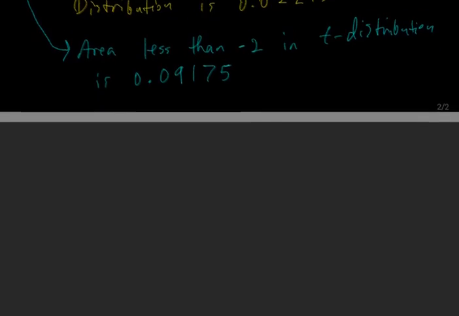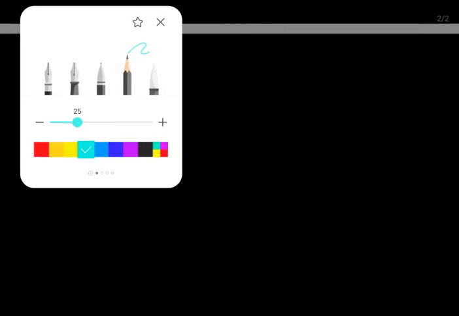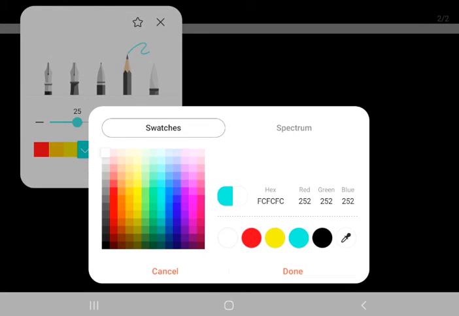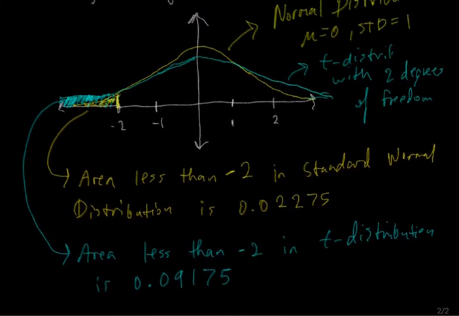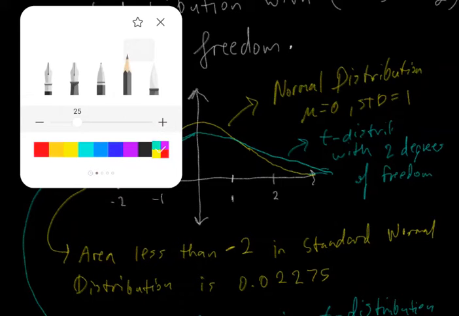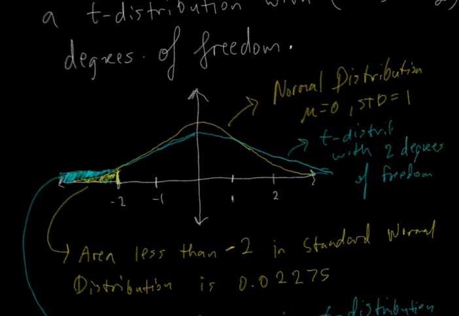And another thing is, so let's say on top of this graph we were to put, so we're going to draw another distribution. Let's say that this distribution actually has five degrees of freedom.